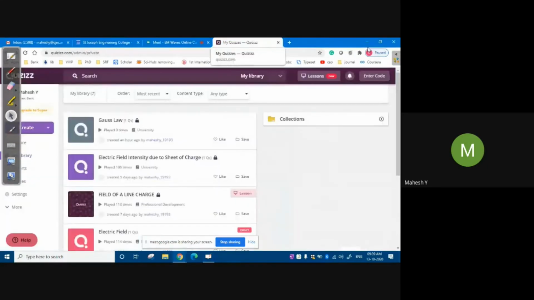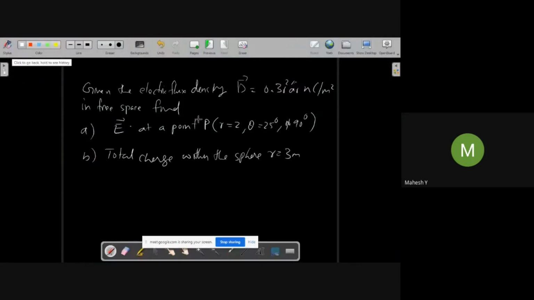Can you calculate? How to find E? E is equal to D by epsilon.